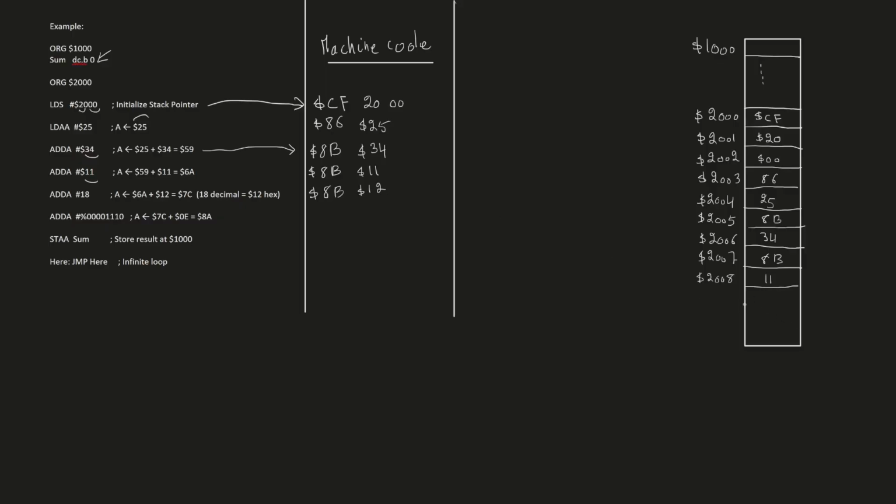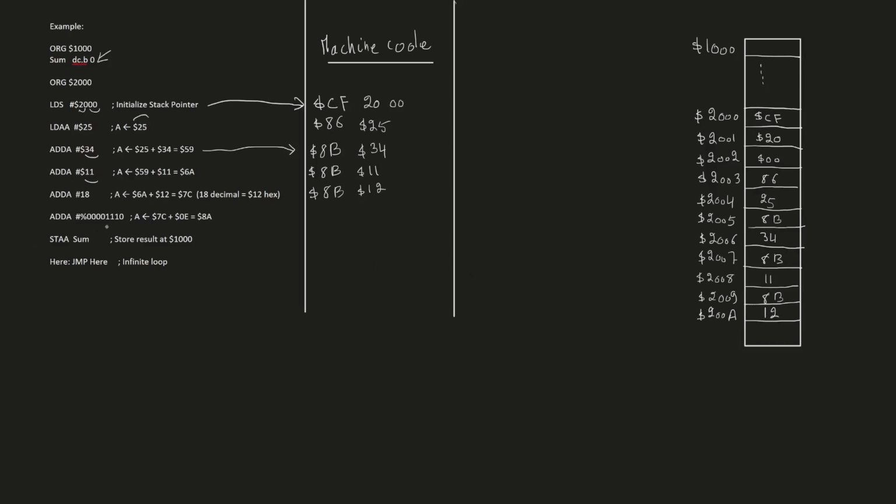So let's fill the content in memory. The next will be 2009, and then the content is 8B. Next will be 2010, but 10 in hexadecimal is letter A. So we have 200A. The content of memory address 200A is 12.